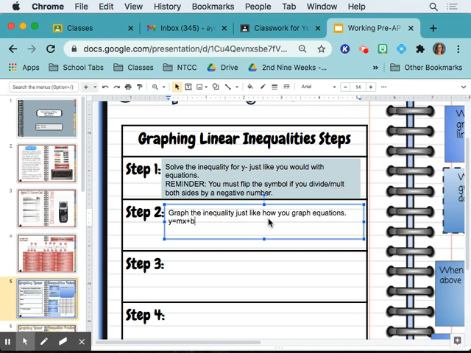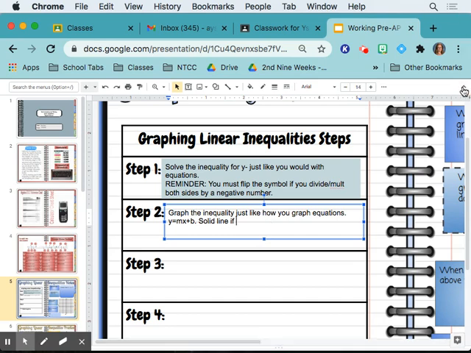You're going to graph the y-intercept first and then do your slope, rise over run. You're going to use a solid line if less than or equal to, or greater than or equal to.